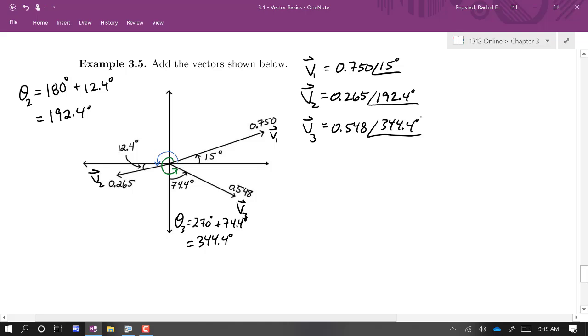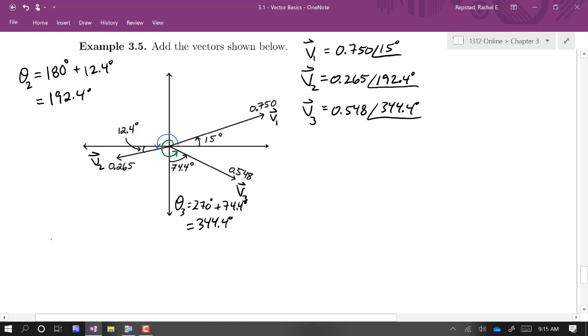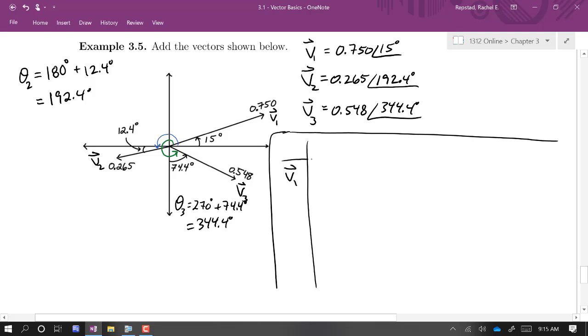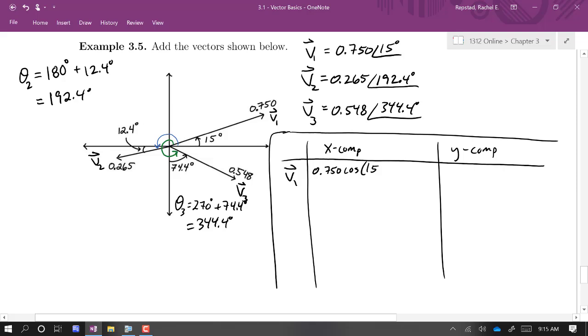Alright, so now we have all of the information we need about our three vectors, and we need to find the x and y components. So I'm just going to organize this in a little bit of a table. V1, x component, y component. For V1, this is 0.750 cosine of 15 degrees.